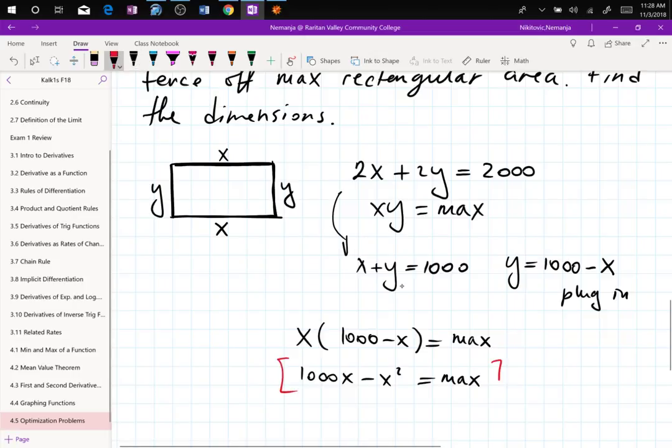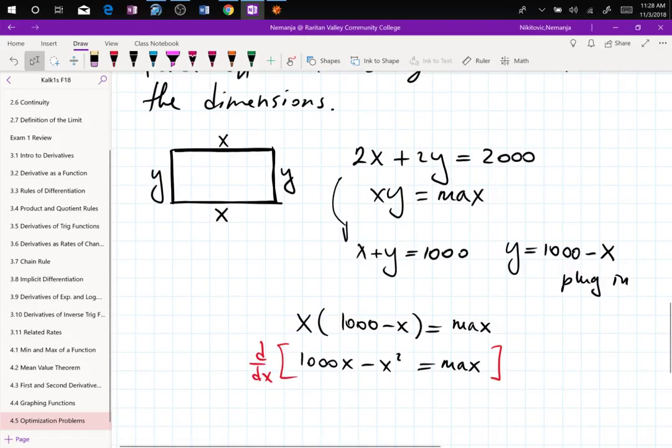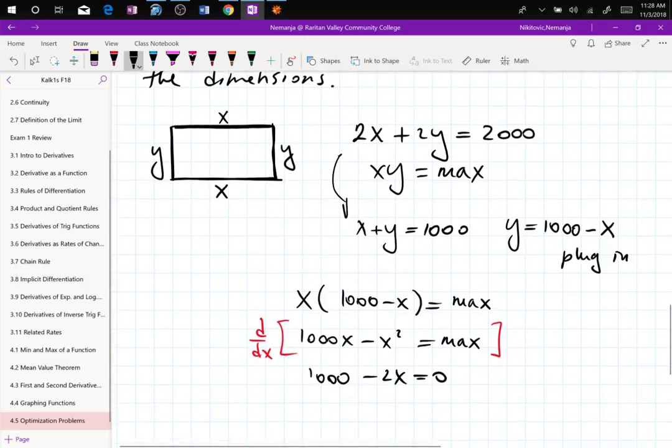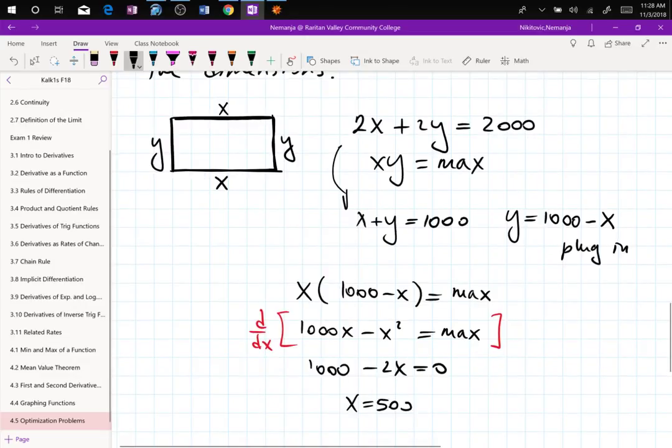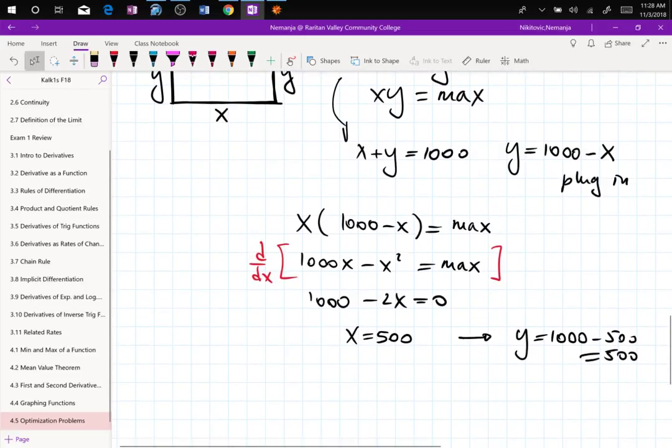Hit this with the derivative to find the x value, and x equals 500. So the y will be 1,000 minus 500, also 500. So we just seen that the square seems to maximize the area. So dimensions are 500 yard by 500 yard. It's a square.